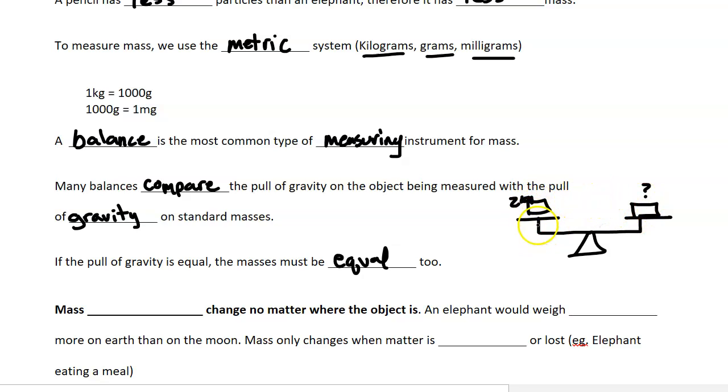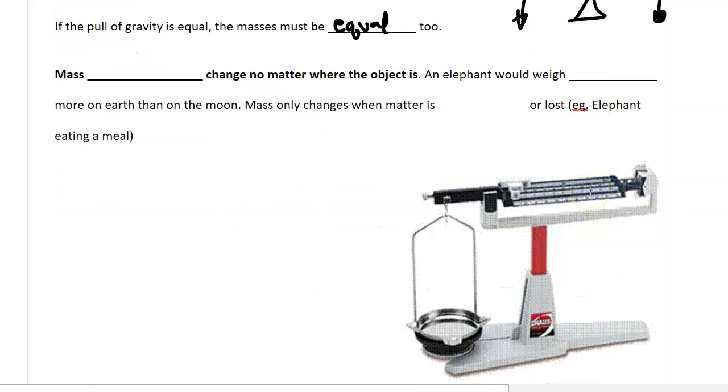And that's how they do it. But what they're really measuring is the pull of gravity acting on both of them. They're not actually counting the particles. It's just a comparison. Sometimes masses are also measured with triple beam balances, such as this, where you slide things over to do the comparison.